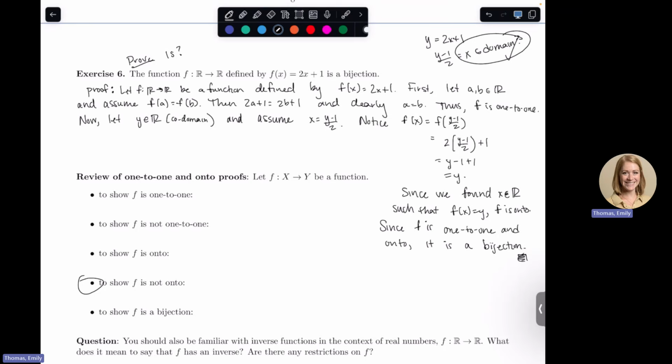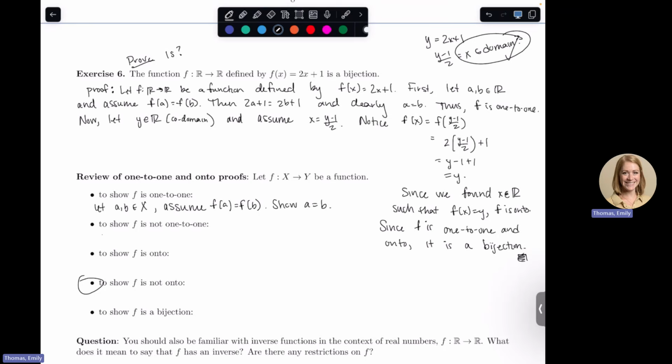All right, 1-to-1 and onto proofs. To show a function is 1-to-1, you are going to let a and b be in your domain. Assume f of a equals f of b. Show a equals b. How would you show a function is not 1-to-1?